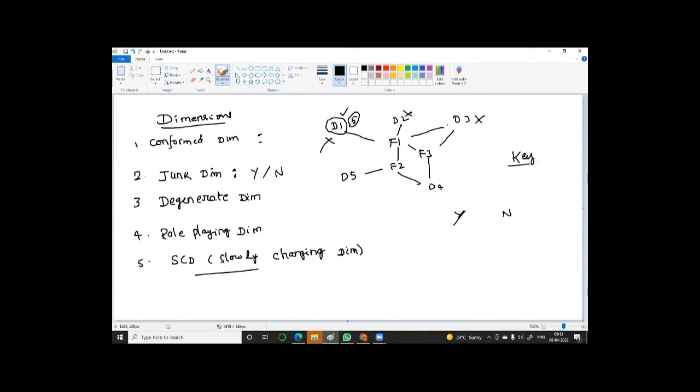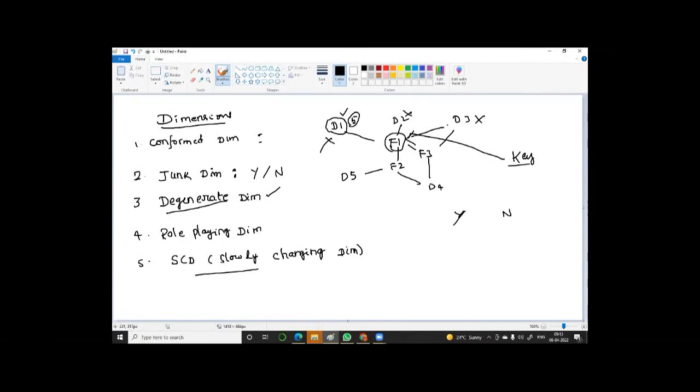It may be a primary key or foreign key, but linked to a source. Source means again a centralized fact. A key related to the centralized fact but not related to any dimension is called degenerate dimension. Degeneration means it is not linked with the dimensions but it is linked with the fact.